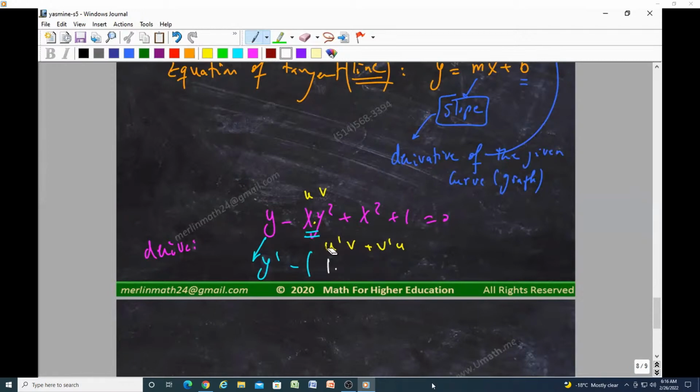So repeat again. u prime is only 1 times y squared. v prime is what I'm talking about, 2y y prime, because you're deriving y squared, times y prime. Times u. What is u? u is x. So times x.